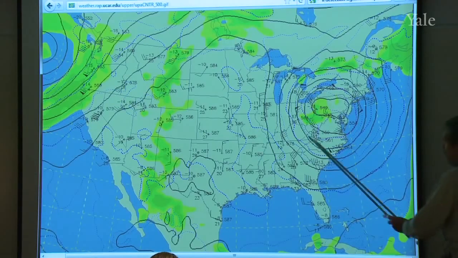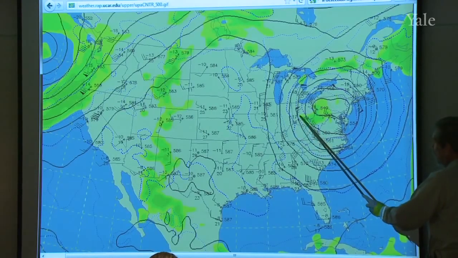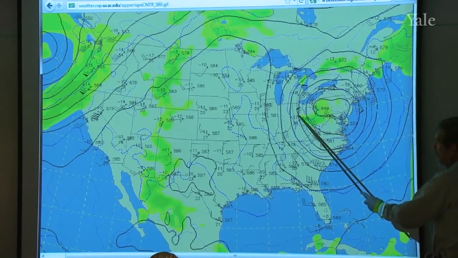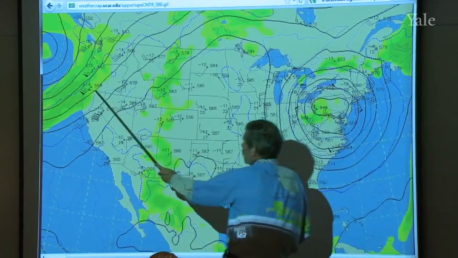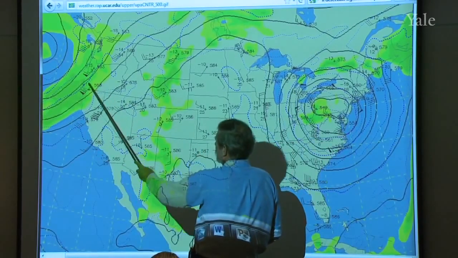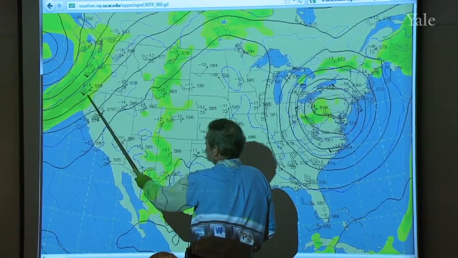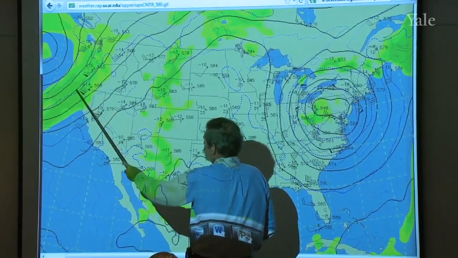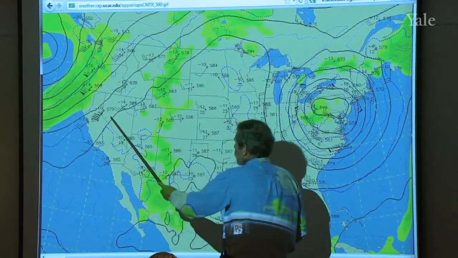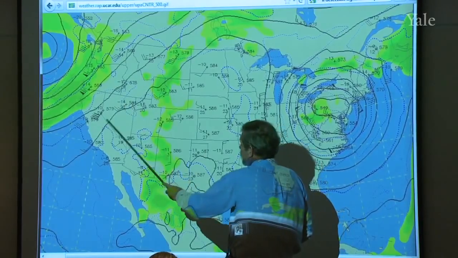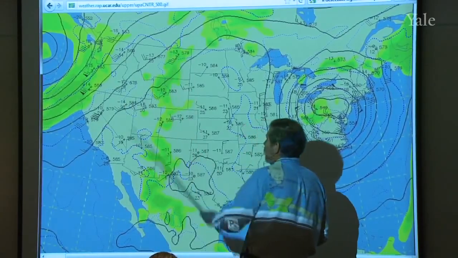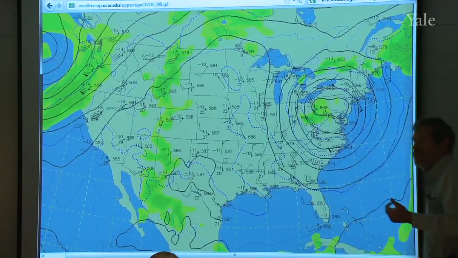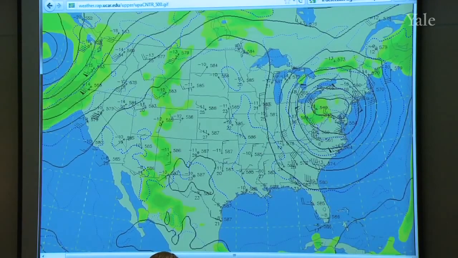And the closer the isobars are together, the stronger the wind will be. Here's another system over the west coast, a strong jet stream coming up here, winds reaching to about 65 knots where the isobars are closer together, and where the isobars are further apart, the winds are considerably weaker. So those general rules about geostrophic balance are seen to hold on this kind of diagram.